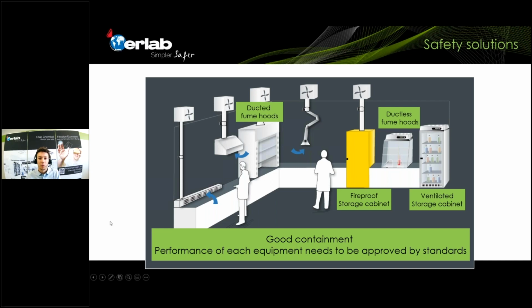So to give you an example, this is a lab in which you have ducted fume hoods, but also ductless fume hoods. So the people work in a ventilated enclosure, and you have also a fireproof cabinet, which is connected to a ventilation system as well. Or you have a ventilated storage cabinet, which works with filtration as well. So there is a good containment, which makes sure that you minimize the risk in the lab.